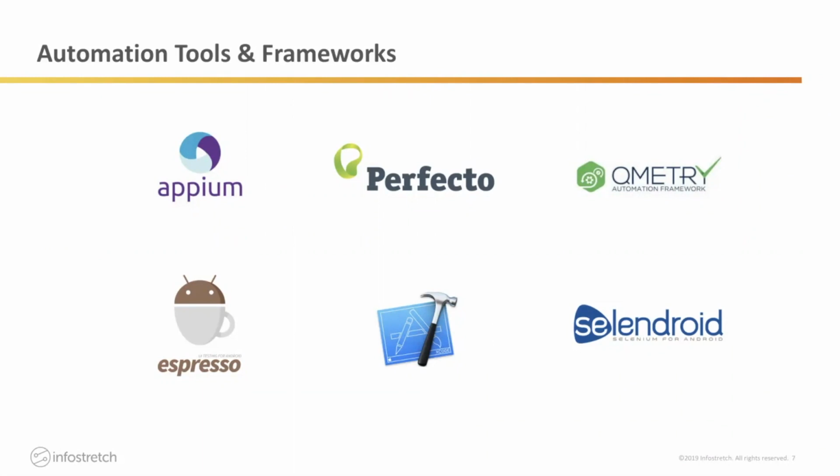Infostretch has also developed an open source automation framework called Qmetry. It is developed on top of Appium and Selenium to automate web, mobile, and API. We will see the demo using the Qmetry framework at the end of this presentation. There are also some cloud-based solutions available to automate mobile applications, like Perfecto.